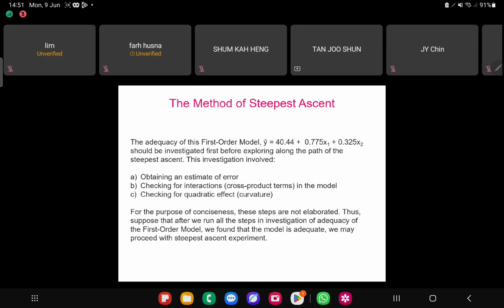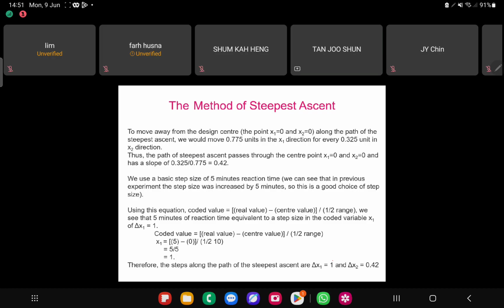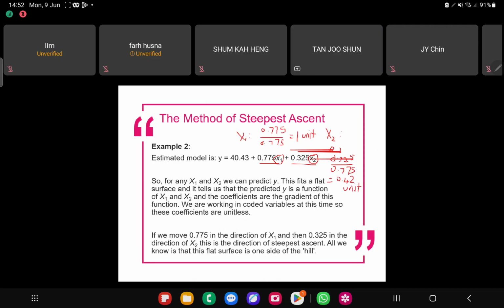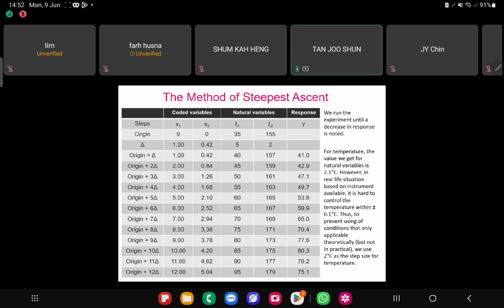Yeah. So now we know that when x1 moves 1 unit, it is 5 minutes, while x2 will be 2.1 Fahrenheit. So we know this already, the relationship. Then we can come here, the difference each step.